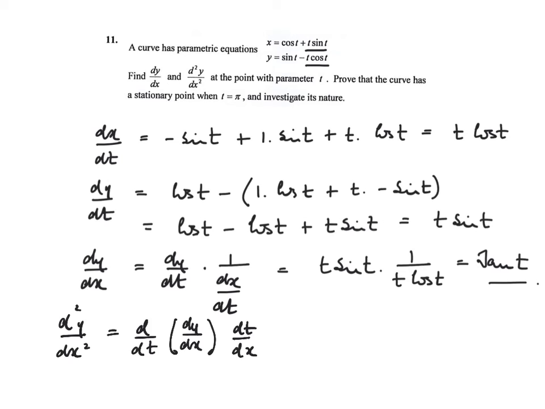So if I differentiate tan of t with respect to t, I get sec squared t. dt by dx is 1 over dx by dt, so it's 1 over t cos t, and that's 1 over t cos cubed t.